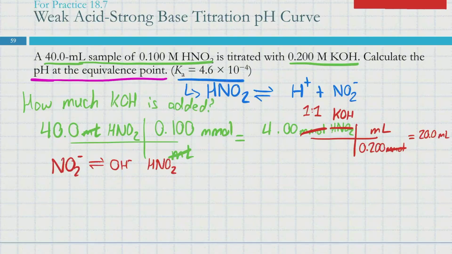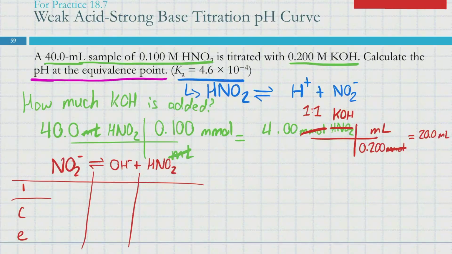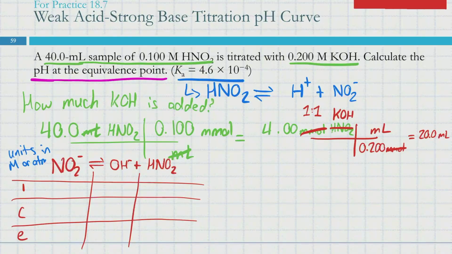Those are the things that show up in our Kb expression. Anytime that we're working with an ice table, we need the units in molarity, or if we're working with gases, atmospheres.